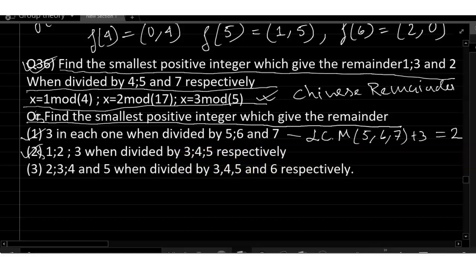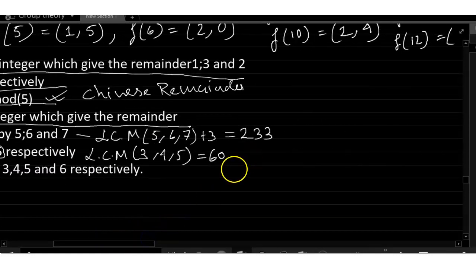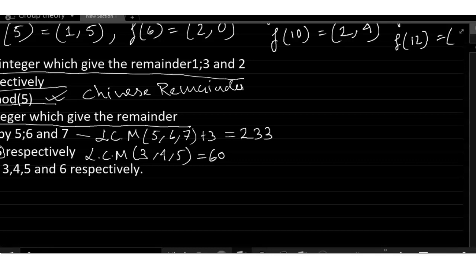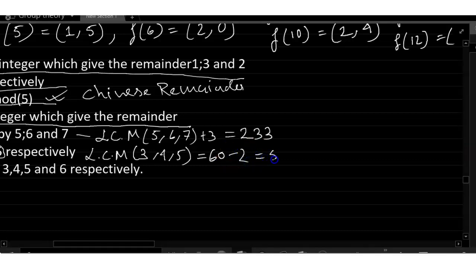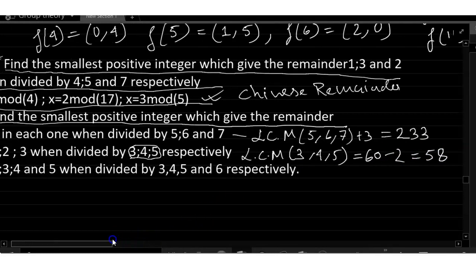So LCM is equal to LCM of 3, 4, 5 equals 60, and 60 minus 2 equals 58. How do I get 2?